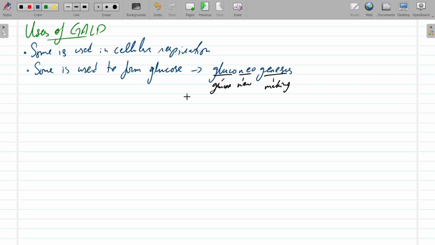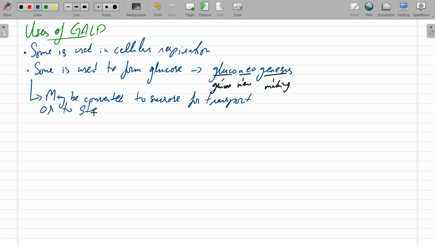And then that glucose may be converted into sucrose for transport, or it may be converted to starch for storage, or cellulose, to form new cells. That's not the only thing that's going on.